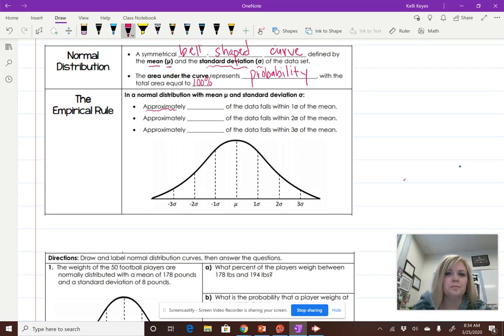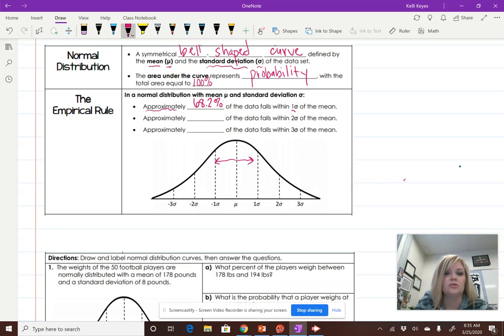Okay, so now this word approximately means not every normal curve is the same. So this would be approximately 68.2% of data falls within 1 standard deviation of the mean. So that 68% would go from 1 standard deviation below to 1 standard deviation above the mean, okay?